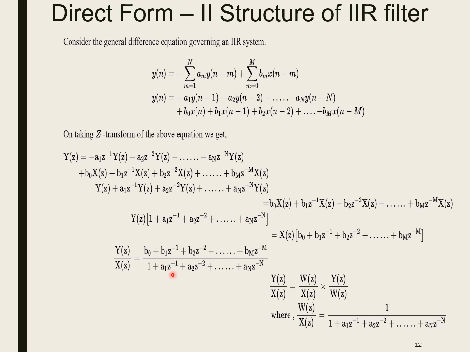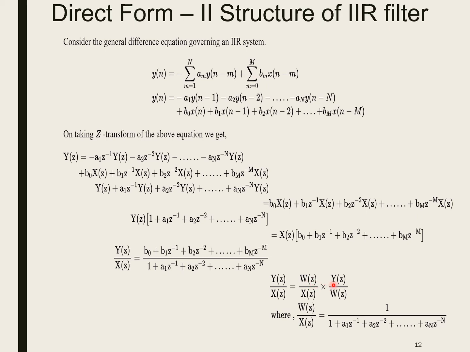In the case of direct form 1, we directly cross multiplied it and we have drawn the diagram for direct form 1. Whereas here, what we are going to do, y of z divided by x of z is equal to, we are inserting one common function called as weighing function, w of z.